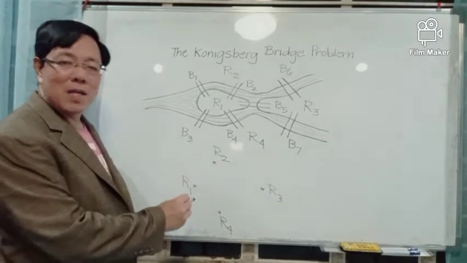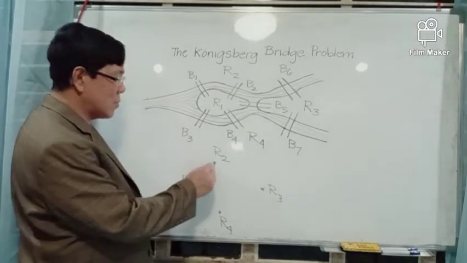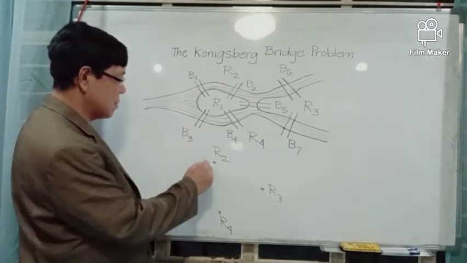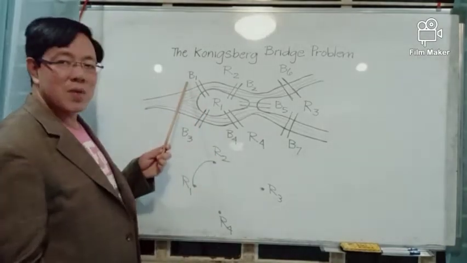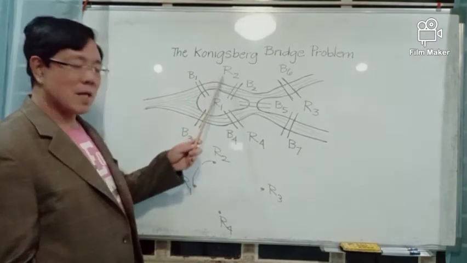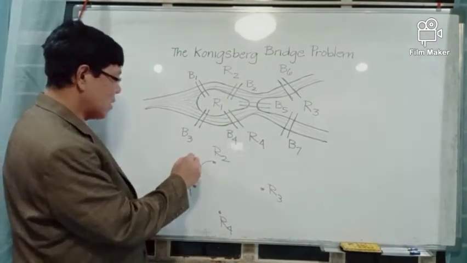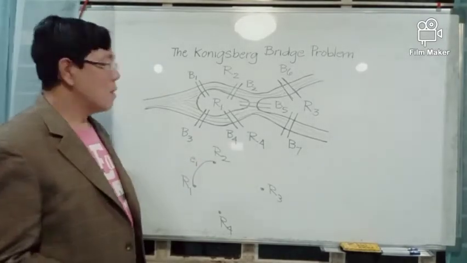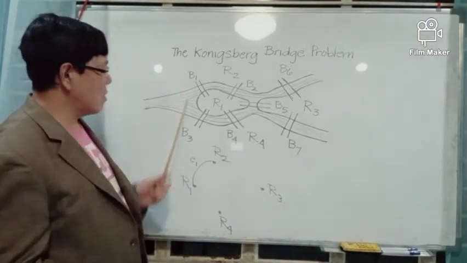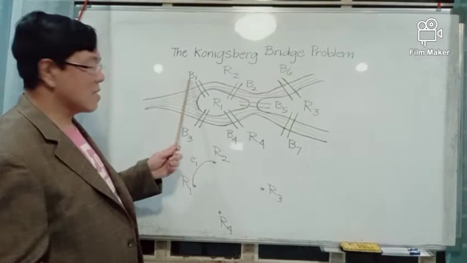A line or an edge from vertex R1 to R2 would represent the first bridge B1 that links R1 and R2. And we call this E1. Or we might as well call this line B1.